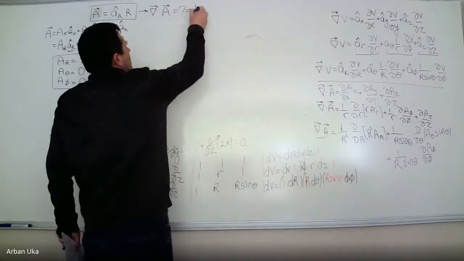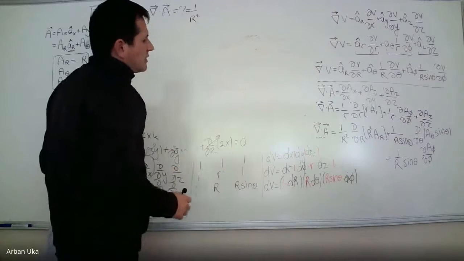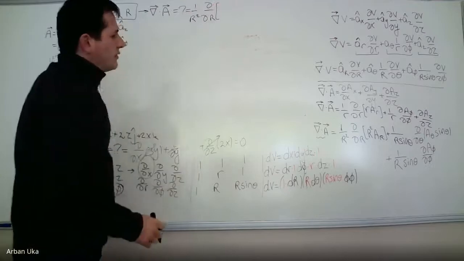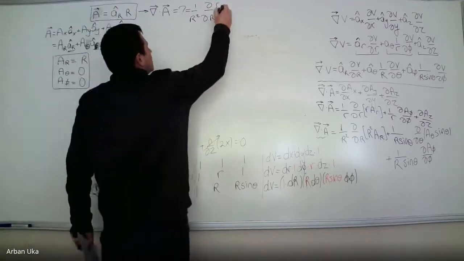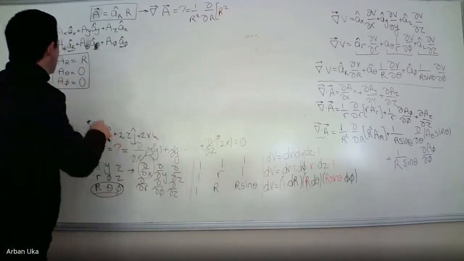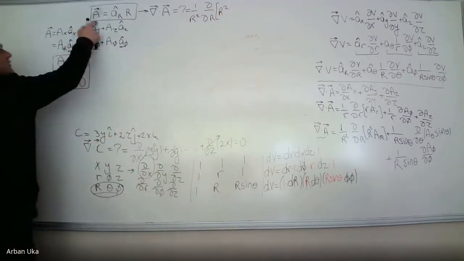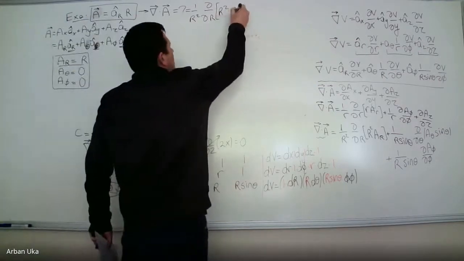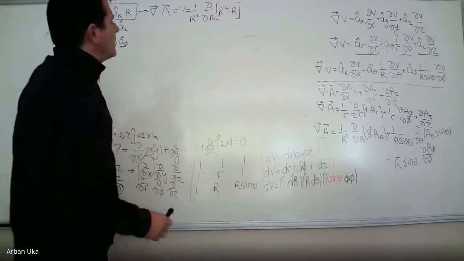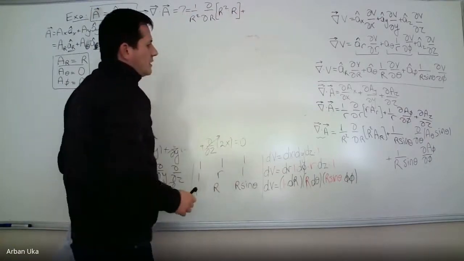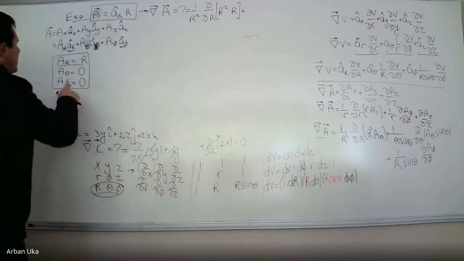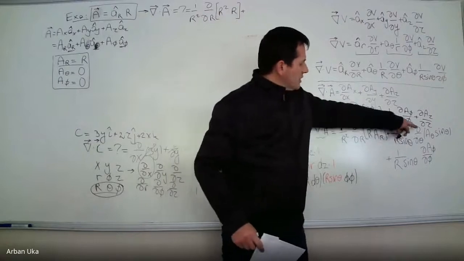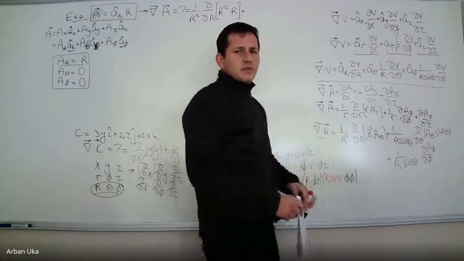This is 1 over r squared times the derivative with respect to r of r squared times A_r. This is r squared. So what is A_r? The projection of this given vector along the a_r direction. This is just r. Then we continue here, plus, but in fact, assuming that A_theta and A_phi are both equal to 0, most probably these two terms will be equal to 0.